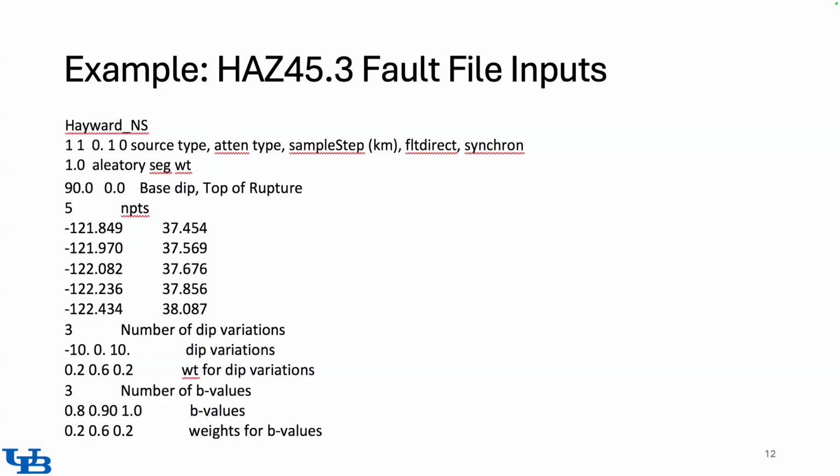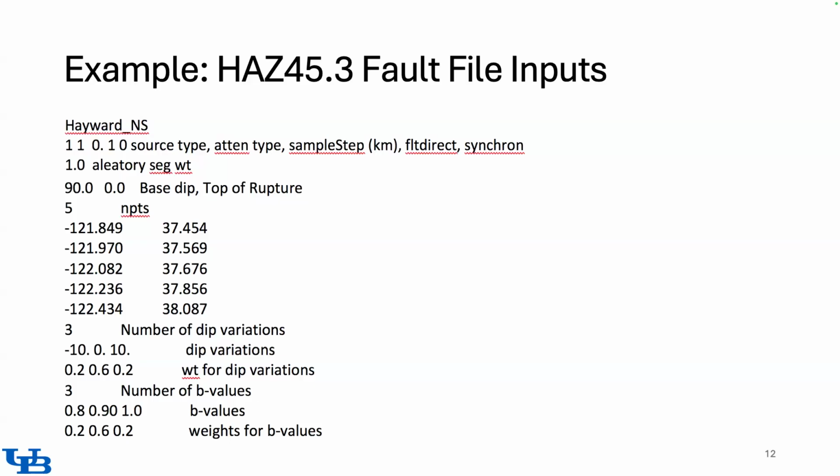This is to differentiate between sources that go with different ground motion models. So you may want to group all shallow crustal sources as attenuation type 1 and all subduction zones as attenuation type 2 if you are in an area that has both sources contributing to your hazard, because you don't want to use a ground motion model for shallow crustal events on a subduction zone and the opposite.